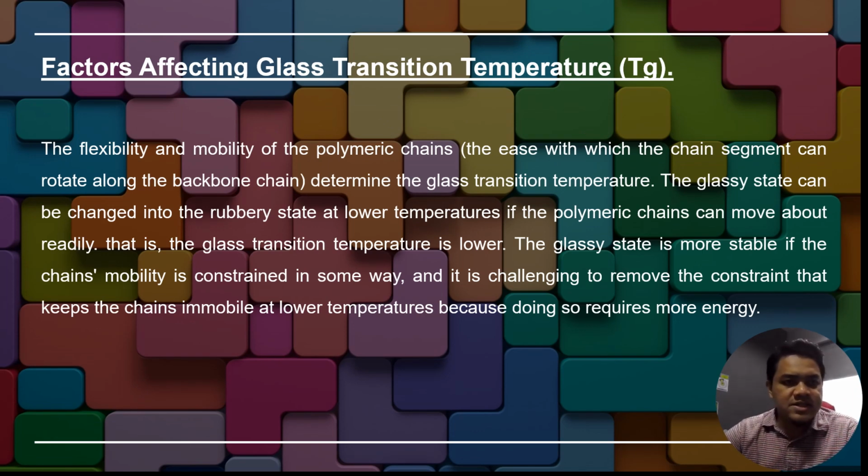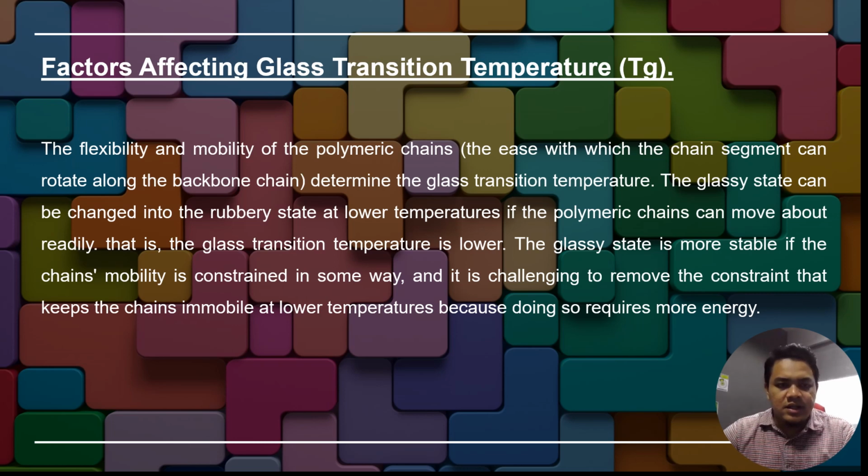Okay, next, let's see the factors affecting the glass transition temperature. The factor that affects the glass transition temperature is the flexibility and mobility of the polymeric chains. The ease with which the chain segments can rotate along the backbone chain determines the glass transition temperature. The glassy stage can change into the rubbery stage at a lower temperature if the polymeric chains can move more readily.